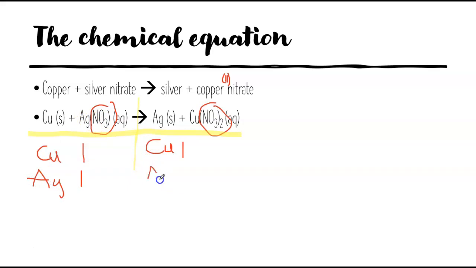And silvers on the right, we have just 1. Now, if we look at nitrate, the great thing about nitrate in this equation is that the nitrate stays together. We have 1 nitrate over there on the left, and we have 2 nitrates over here on the right. So to make that equation balanced, we would have to add a big number in front here.